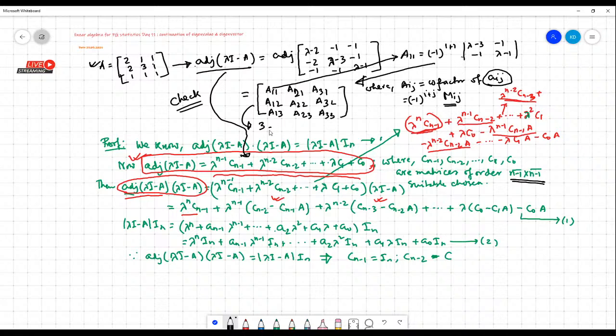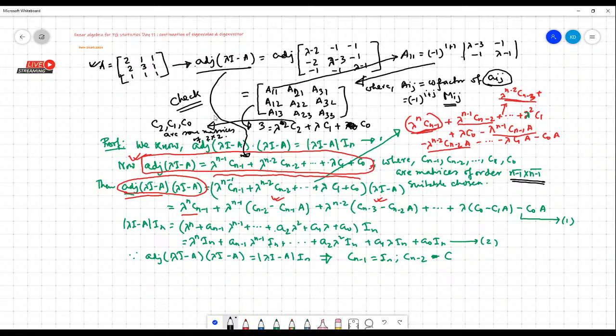A linear combination of three matrices, that is lambda squared C2, lambda C1, C naught, where these C2, C1, C naught are some matrices of order 2 cross 2.